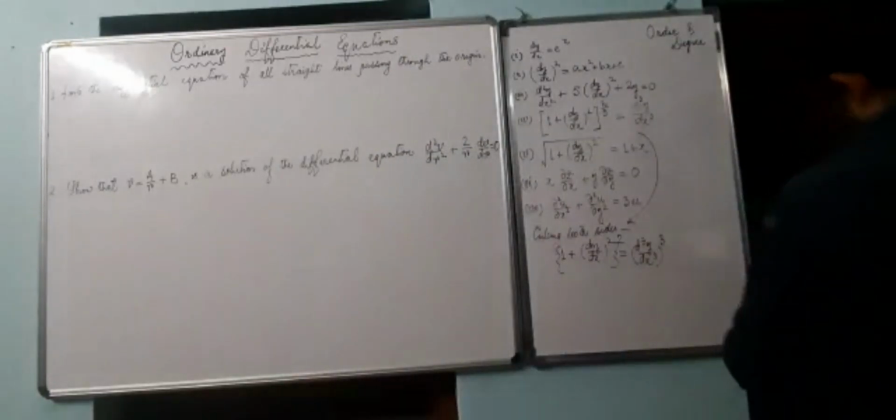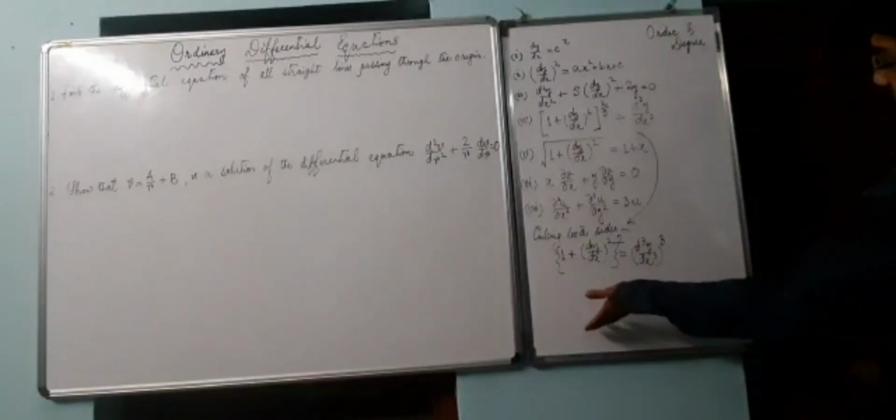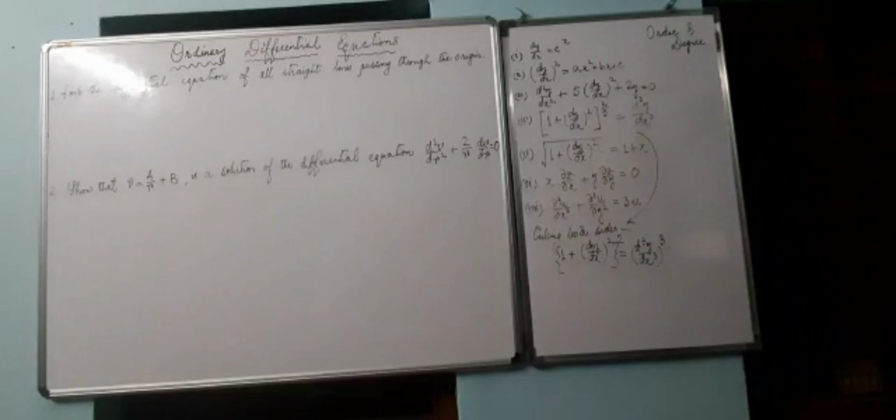Now equation 4 is freed from radicals and fractions. First of all, we considered the given differential equation freed from radicals and fractions in its derivatives, so we cubed both sides and proceeded further.